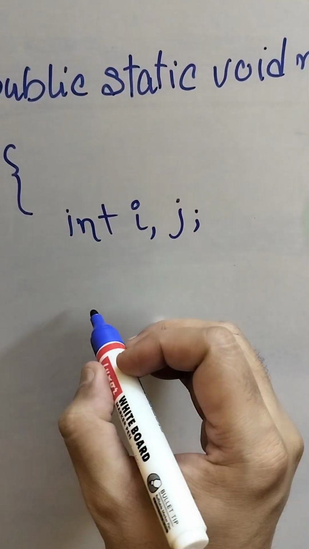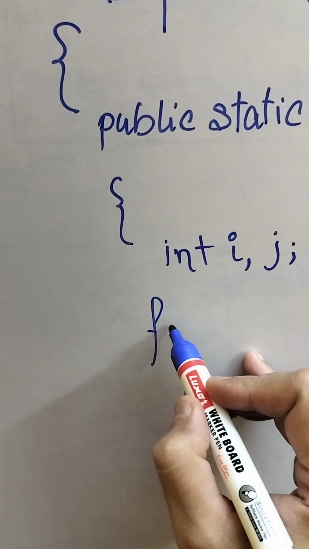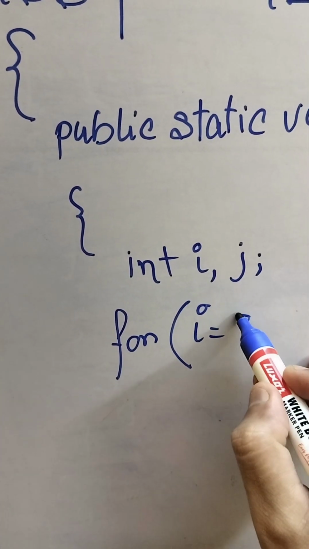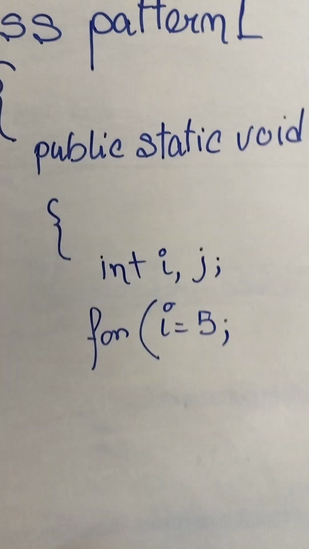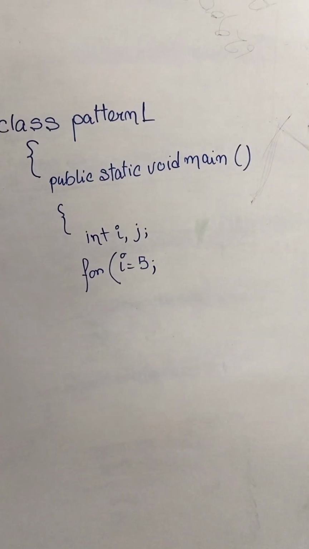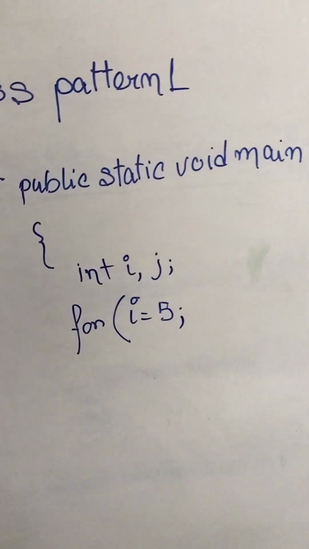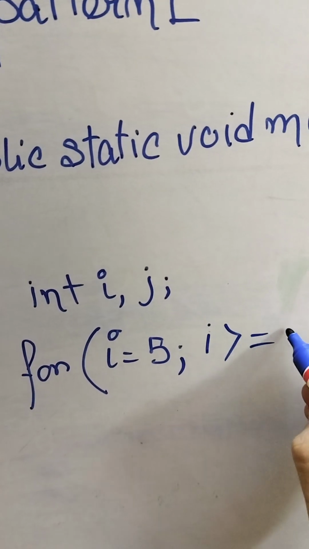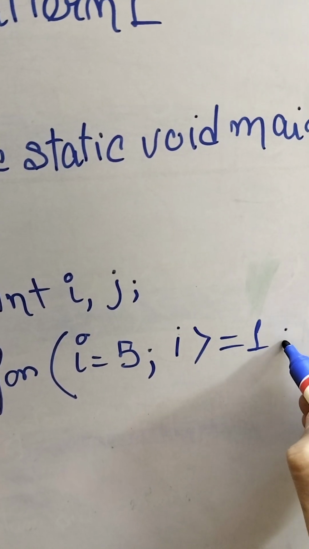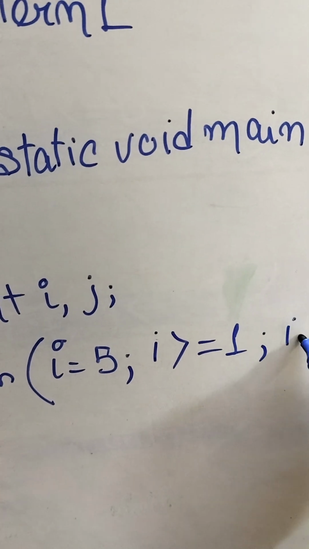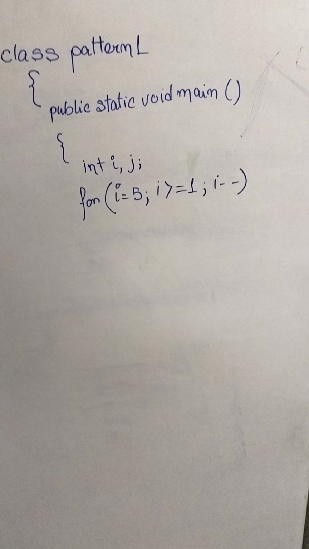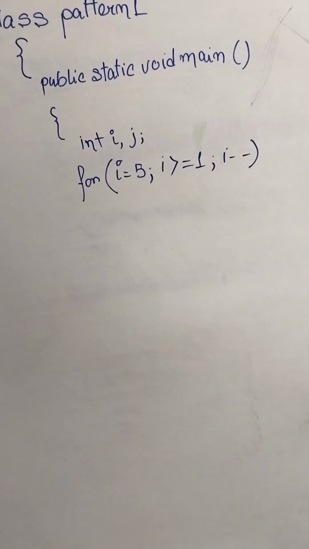So the outer for loop will be: for i is equal to 5; i greater than or equal to 1; and i minus minus. Okay, this is the outer for loop.